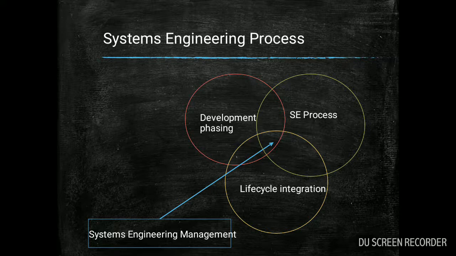And the intersection of systems engineering process and life cycle integration leads to integrated teaming. So we have a system wherein there is an input, there is the systems engineering and management process, and then we have the required set of goals as outputs.